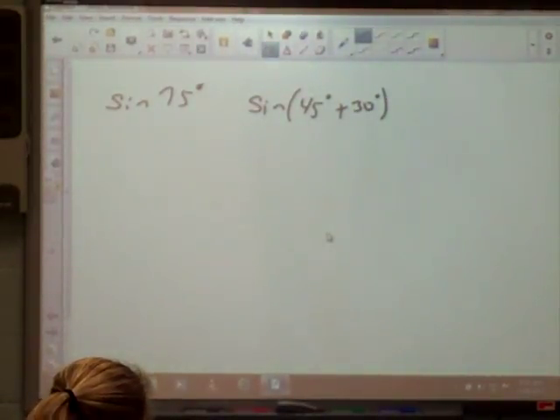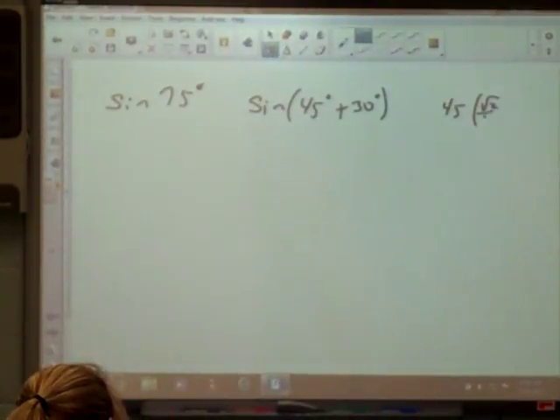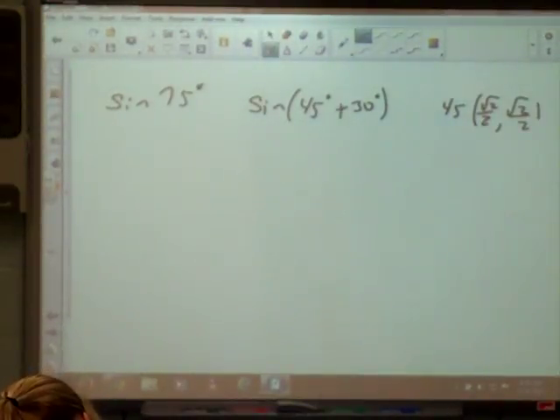Now I'm going to put the ordered pairs. The 45 degree angle is square root of 2 over 2, square root of 2 over 2, so there's your cosine and sine. The 30 degree angle is square root of 3 over 2 and a half.